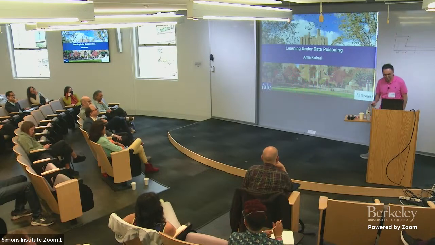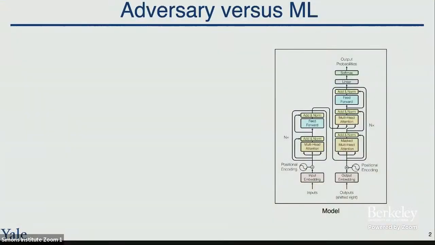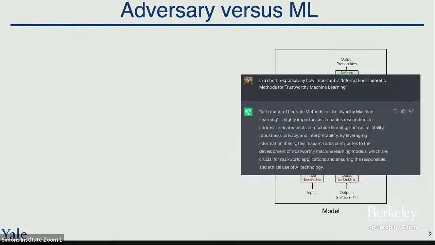Like poisoning. Okay, so the talk is really about adversaries versus machine learning, and you might have an awesome model that, in isolation, without any interaction with the adversaries, can answer very well. It might say, is this topic really important? And it comes up with a very nice answer, that it seems to be a pretty good workshop.